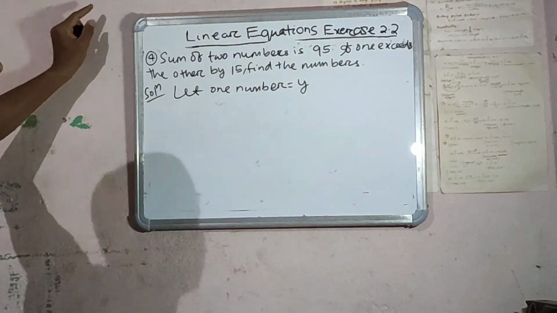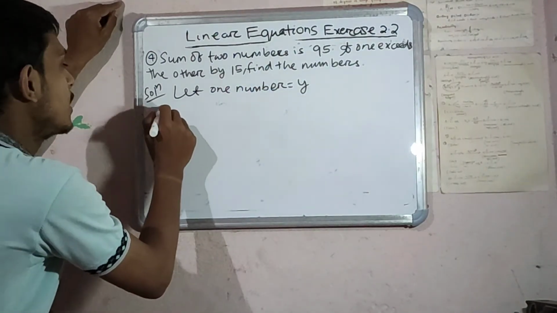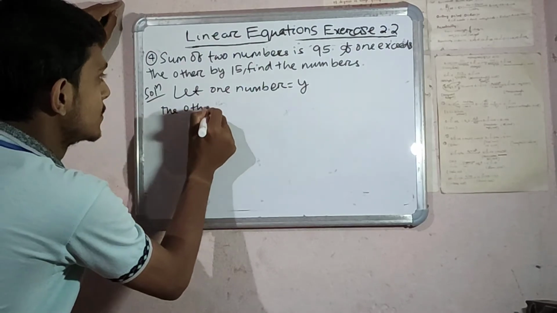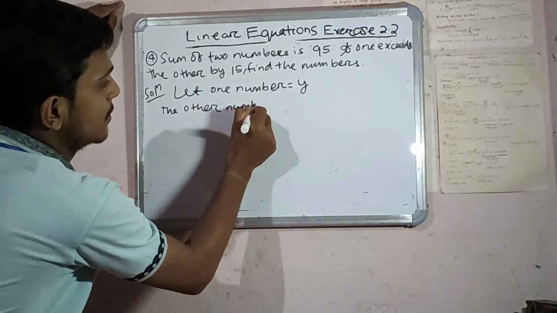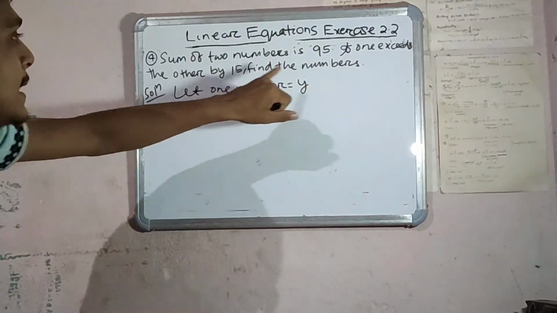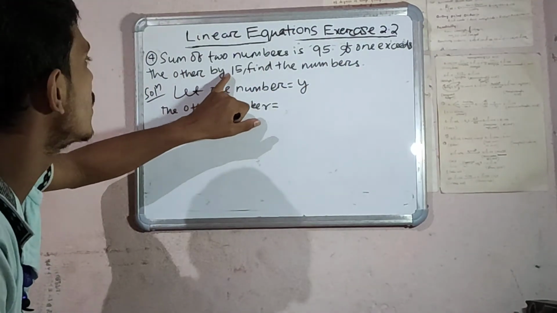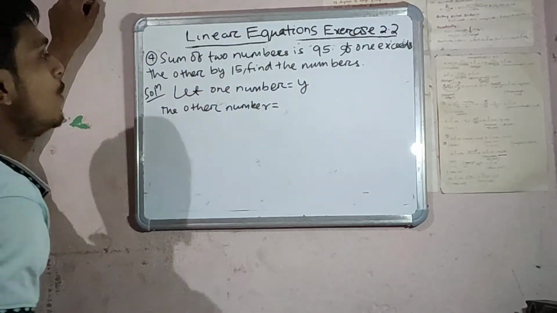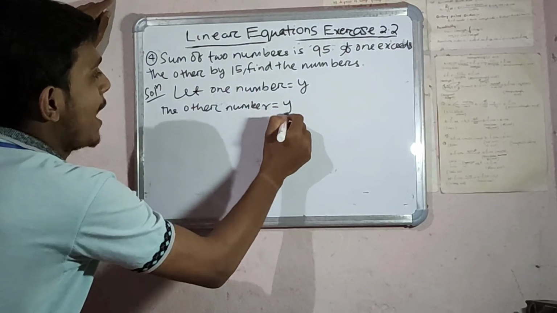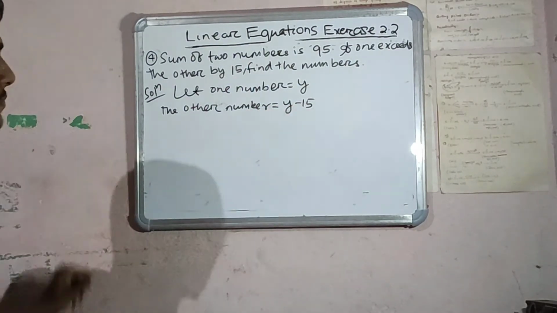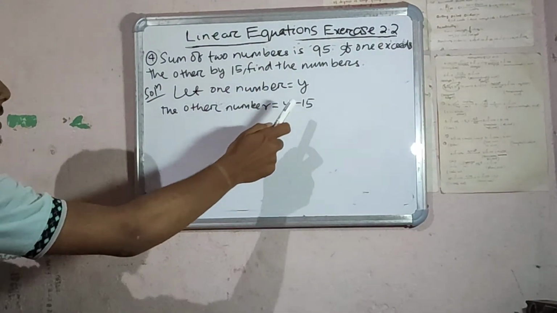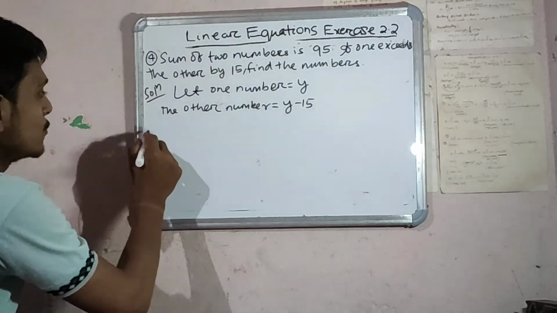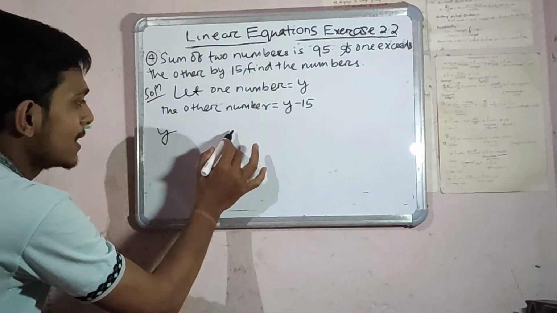y. So the other number, one exceeds the other by 15. Because one exceeds the other, this is y. This is the other number.